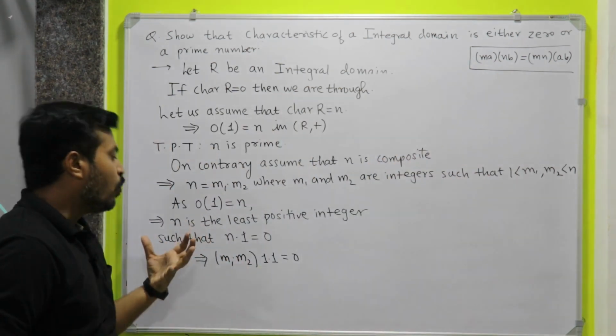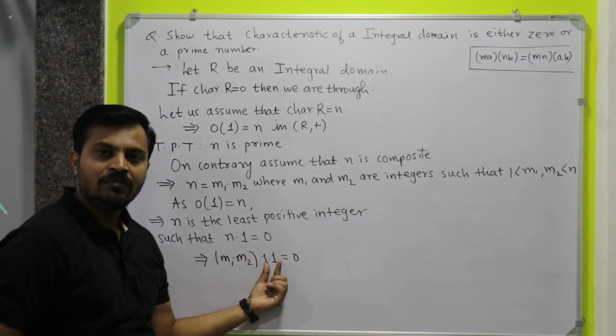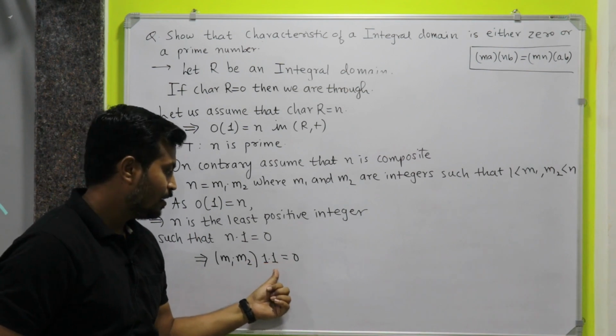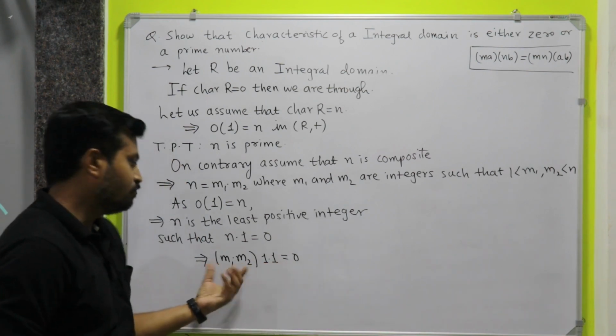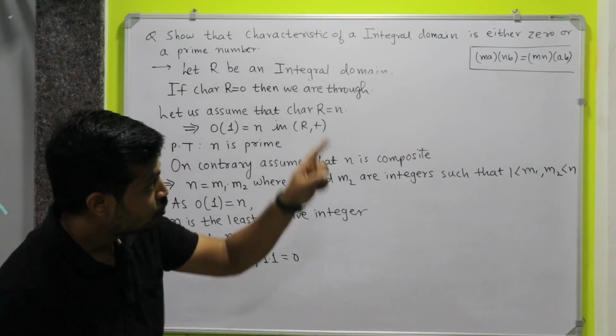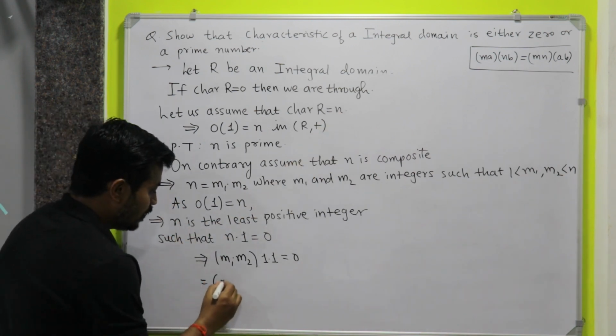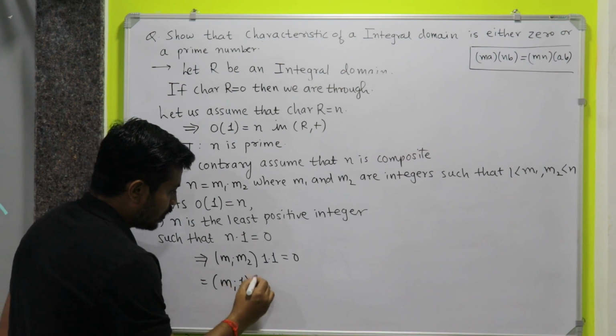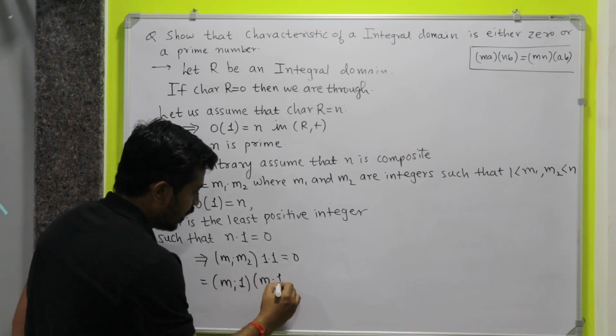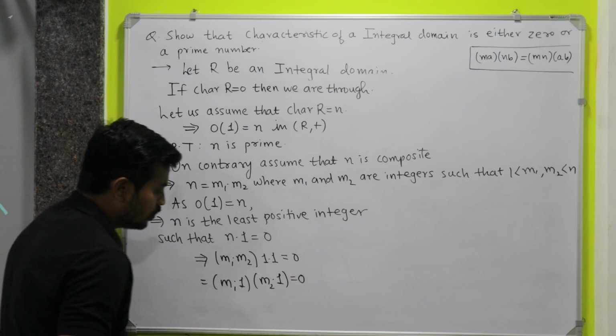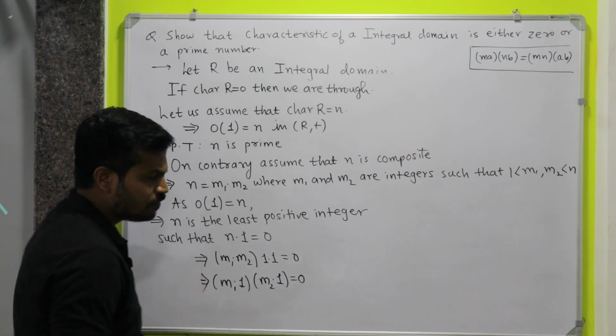So why? Value of a and b actually are taken by the unity element, and these are actually the integers. So by that result, how can you write this? This can be written as m1 multiplied by 1 into m2 multiplied by 1 is actually equal to 0.